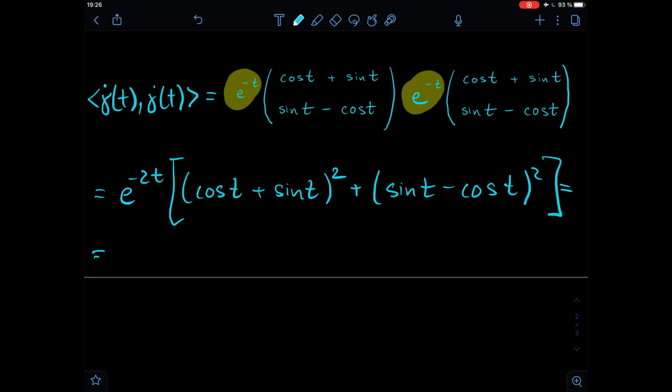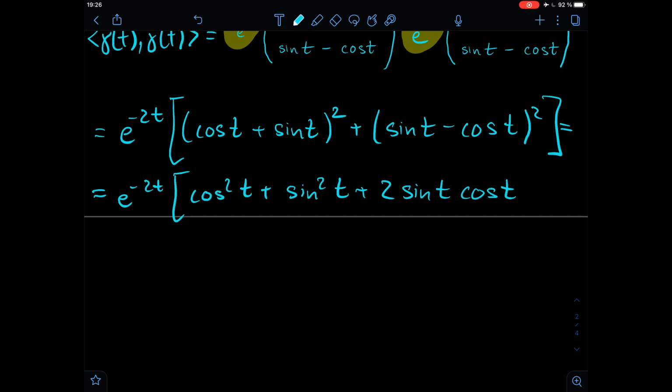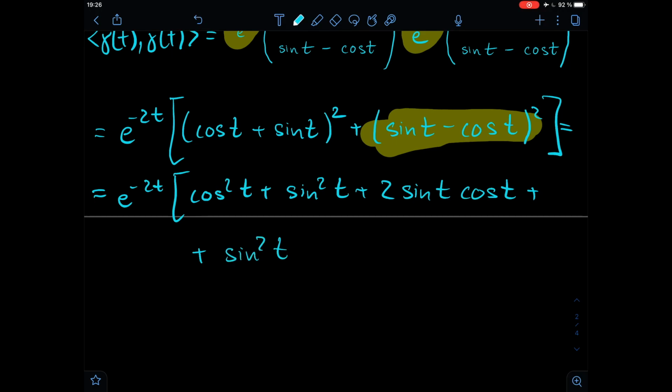And now we apply the binomial formula, which is quite simple. So we have e to the power of minus 2t times cosine squared of t plus sine squared of t plus 2 sine t cosine of t, and now plus the second binomial formula, which is this one. So we have sine squared of t plus cosine squared of t minus 2 times sine of t times cosine of t, and close the brackets.